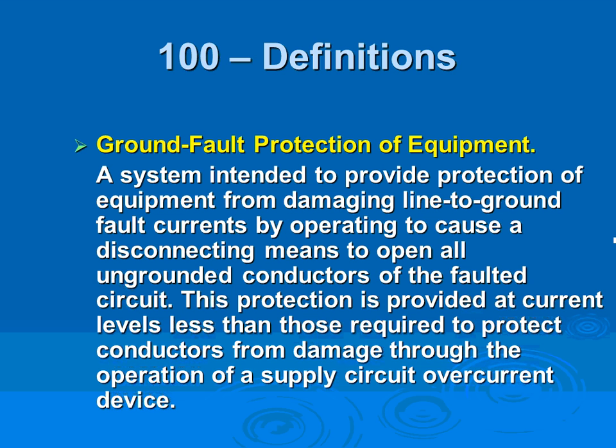Ground fault protection of equipment. The ground fault, guys, this is the most confusing part. The ground fault for up to 1,000 amp is perfectly fine to be part of the circuit breaker.